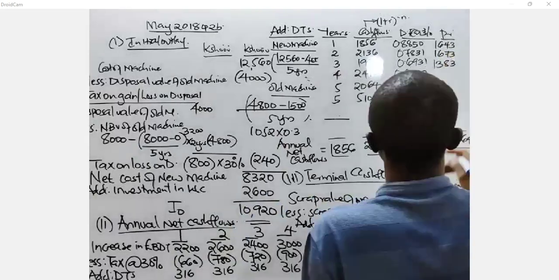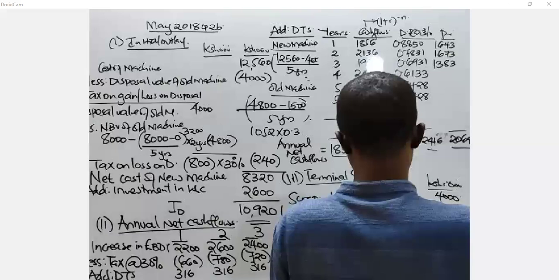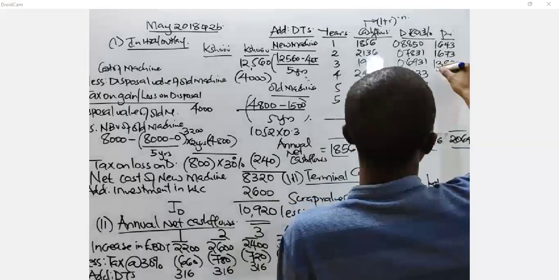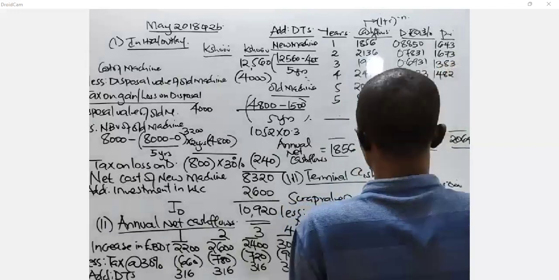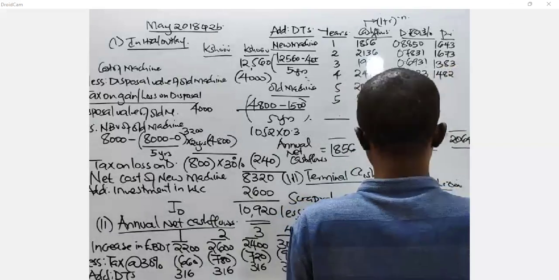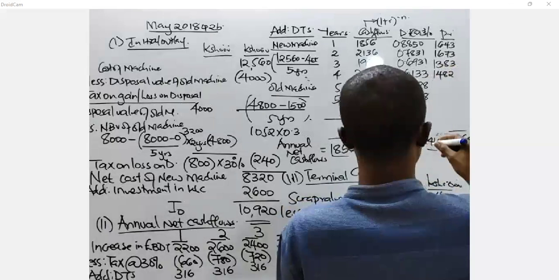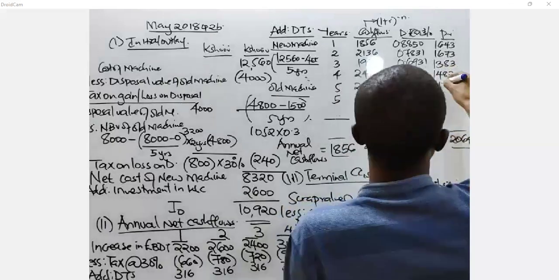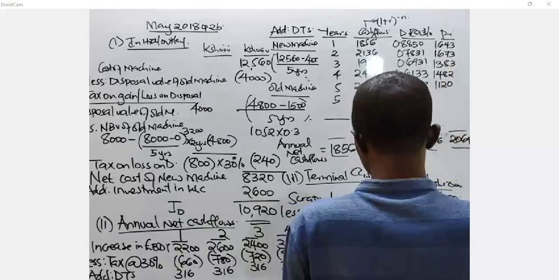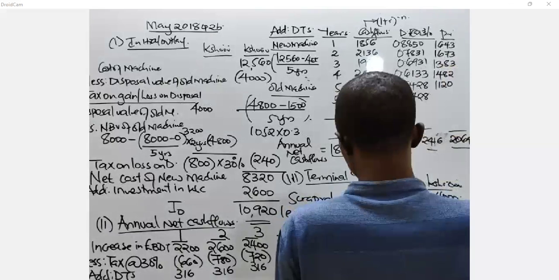Then 0.6133 multiplied by 2416 gives 1482. 2064 multiplied by 0.5428 gives 1120. Then the last one will be 5100 times 0.5428, and we are getting 2768.